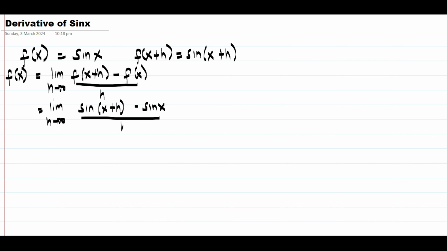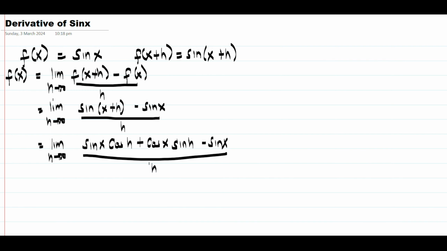all over h. Since we have sine of x plus h, it will give us the idea that we are going to use the sum identity. So let us have the limit as h approaches 0, the sum identity of sine of x plus h, that is sine x cosine h plus cosine x sine h, and then let us write minus sine x all over h.